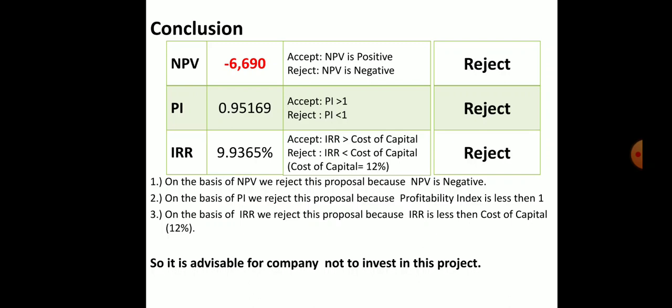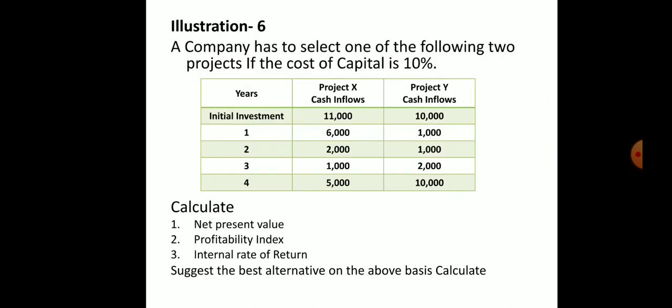So it's clear, students, how to calculate using discounting cash inflow techniques, in capital budgeting the net present value, profitability index and IRR methods. If you have any doubt, you can call me or message me. Try to solve this problem on your own.